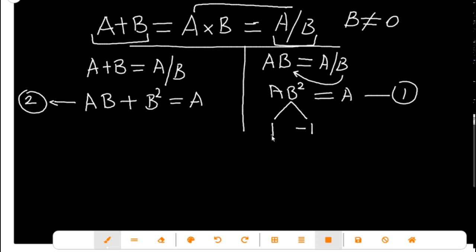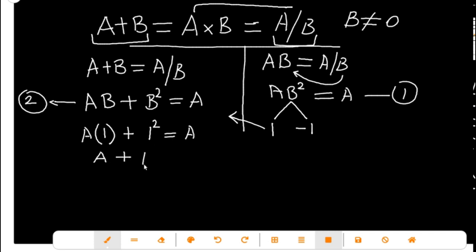So let's do one thing. Let's put the value of b on the left hand side here. Okay, so a equal to a into 1 plus 1 square is equal to 1 is equal to a. So this will become a plus 1 is equal to a.